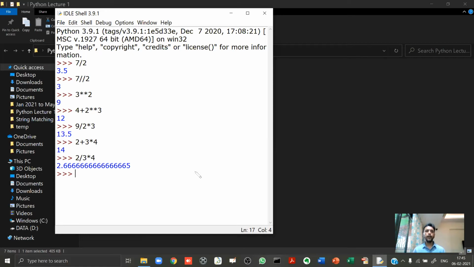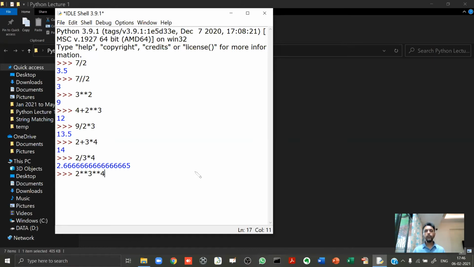Okay. All right. Now, finally, as far as arithmetic operators is concerned, let's take an expression something like 2 star star 3 star star 4. Again, 2 star star 3 star star 4. Okay.